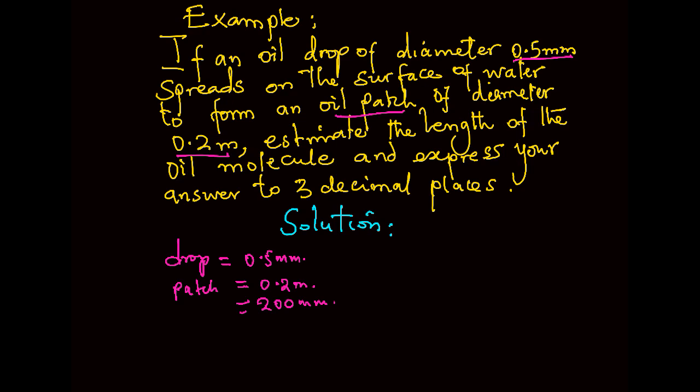We then find the volume, which we get from the volume of the drop. The drop is assumed to be spherical, and therefore it has a diameter 0.5 millimeters, and we use that diameter to find the volume. So that volume is 4/3 times pi times 0.5 divided by 2 cubed.